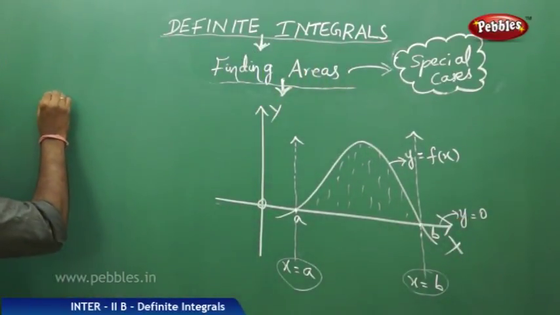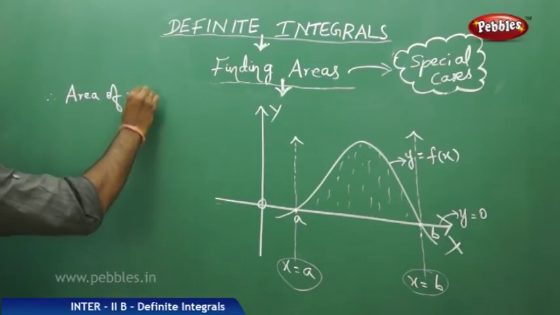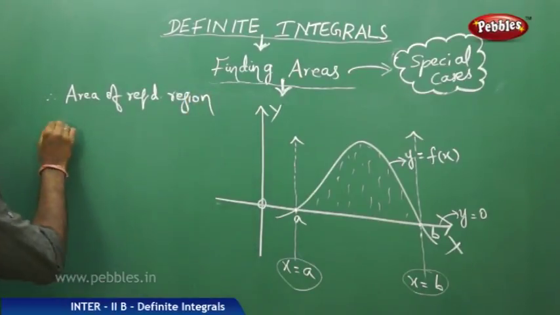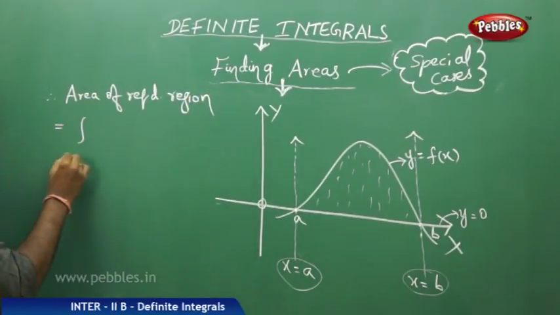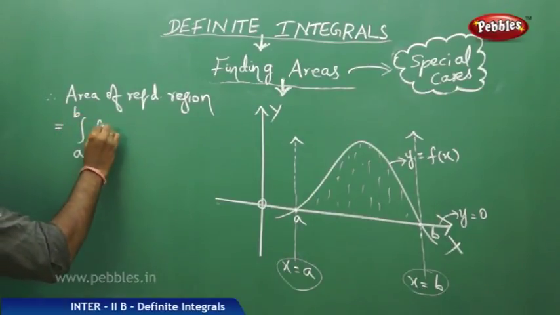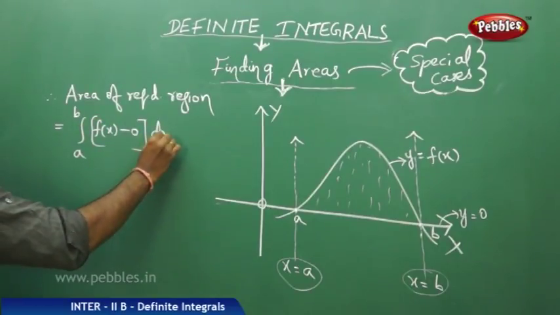Therefore, the area of the required region is the integral from lower bound to upper bound of upper curve minus lower curve dx.